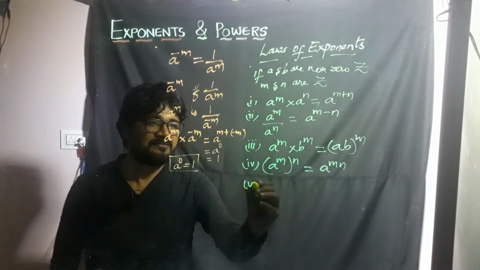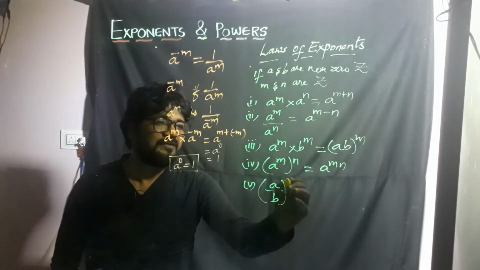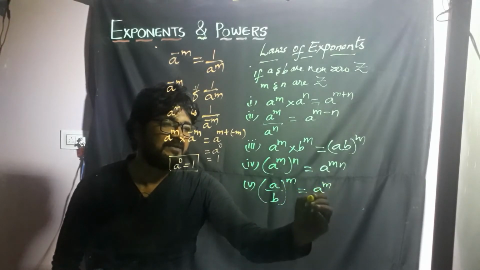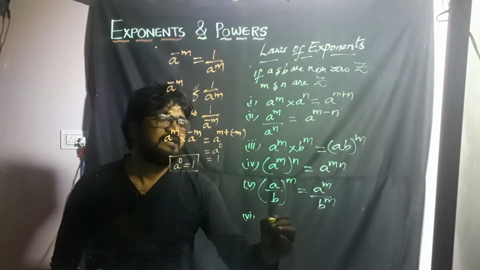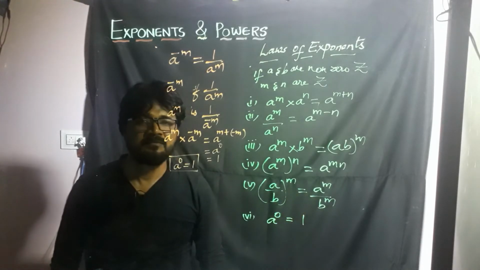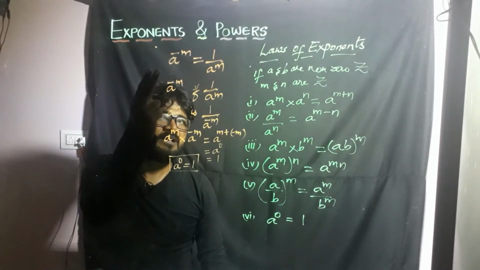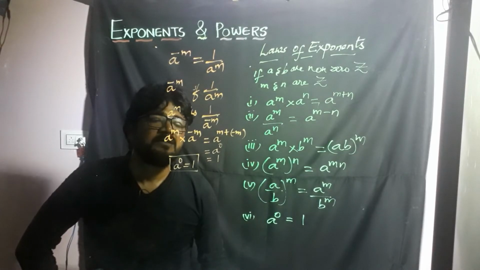Next one, a by b whole to the power of m can be written as a to the power of m by b to the power of m. Last but not least, a to the power of 0 is equal to 1. And we have already learned that a to the power of minus m is equal to 1 by a to the power of m.